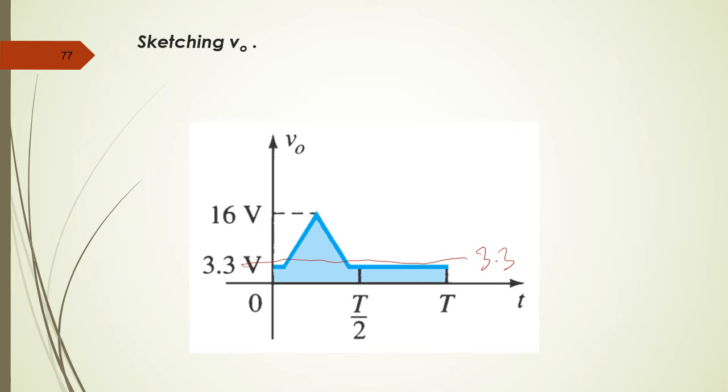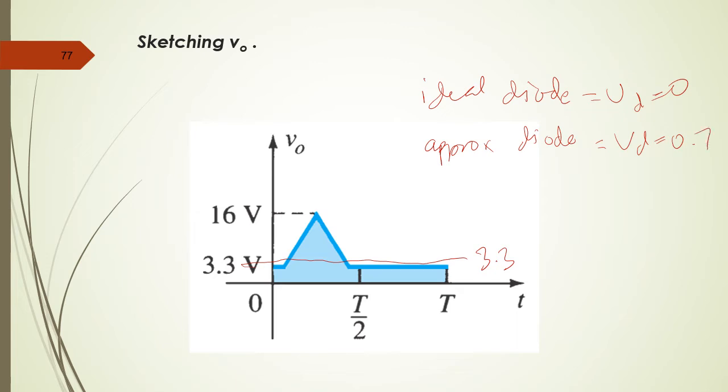Let me repeat again. For the ideal diode, VD equals 0. For the approximate diode, VD equals 0.7.